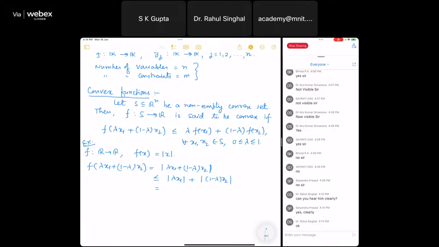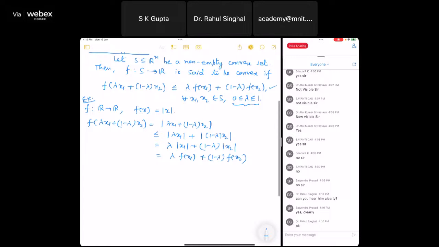Since lambda is non-negative, lambda can be taken out, giving lambda mod of x1 plus 1 minus lambda mod of x2, and this is nothing but lambda f(x1) plus 1 minus lambda f(x2). This means the definition holds. So we say that mod x from R to R is a convex function, right?